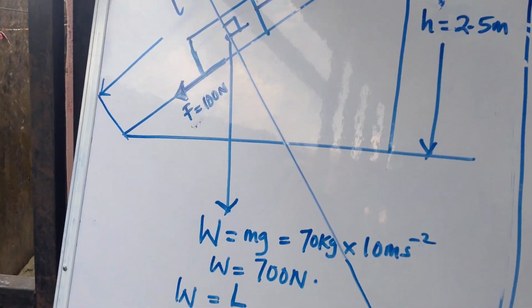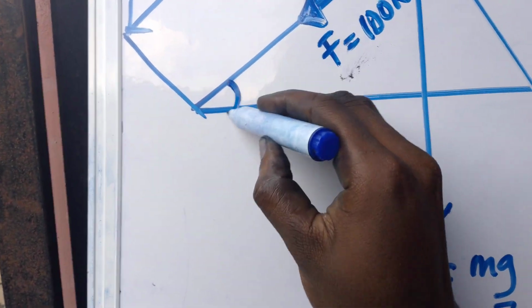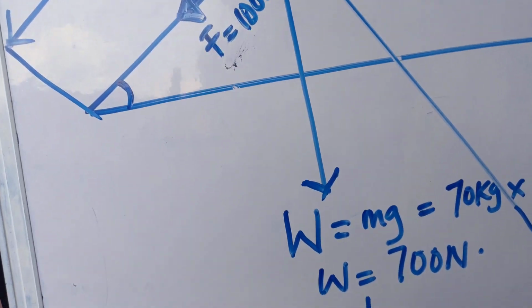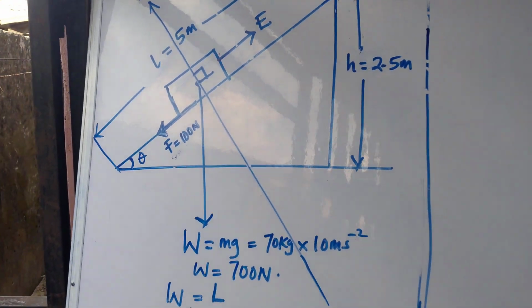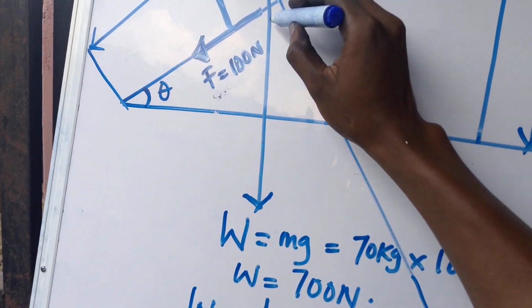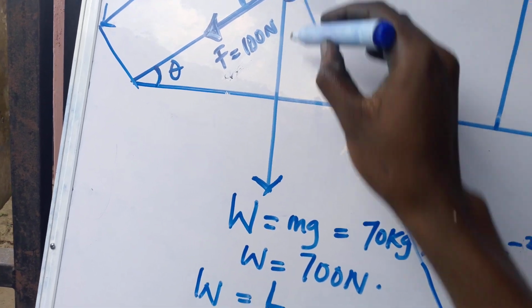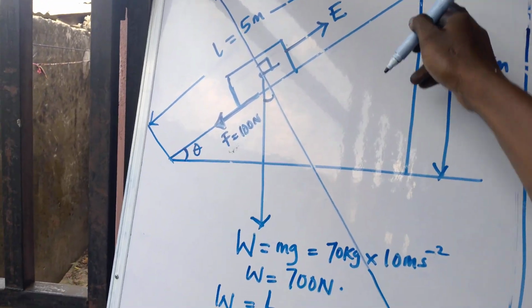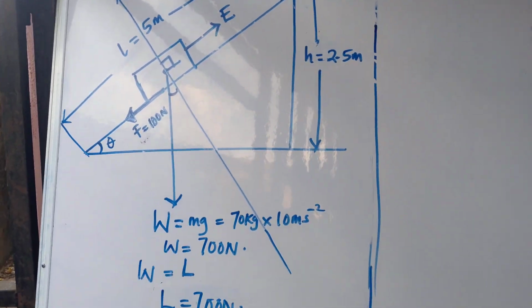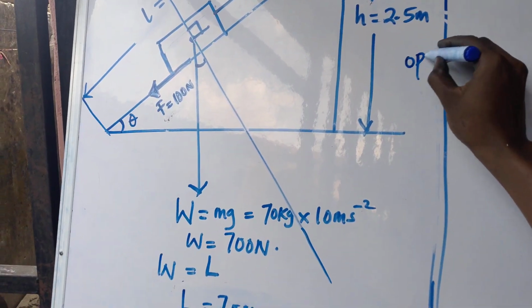Okay. Now look for this angle. The angle theta is unknown, so I will look for the angle theta. Once I find that angle, then I can also put it here, angles in the same segment. So we come back here. This side facing the angle of inclination is the opposite side.